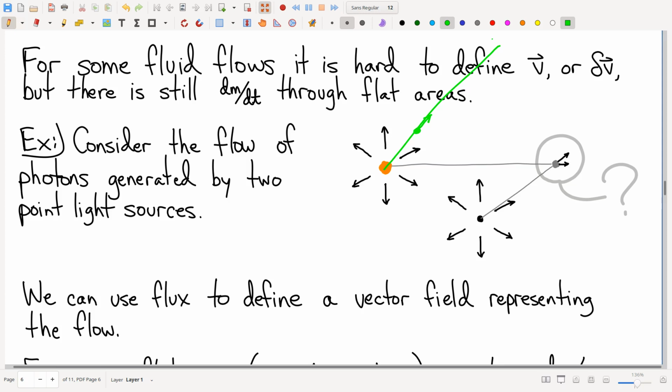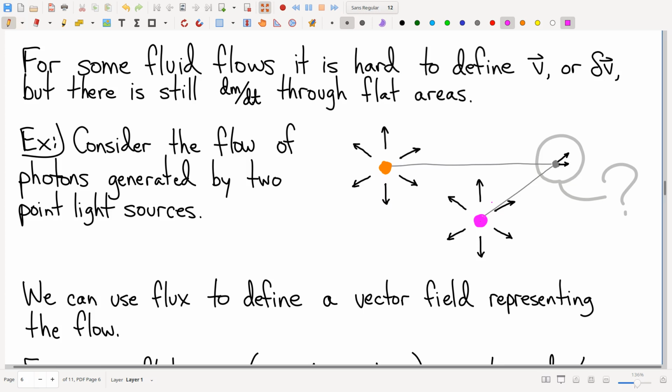Okay. Where things get awkward is if I have two or more point sources. So let's suppose now we have two. So I have an LED there, I have an LED here. They're both emitting a flow of photons, a flow of a fluid.